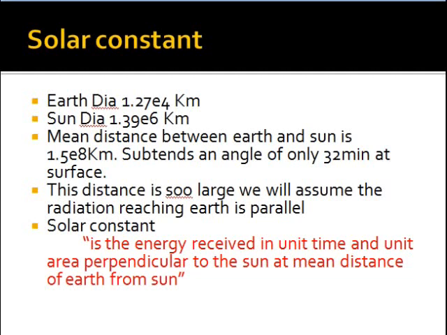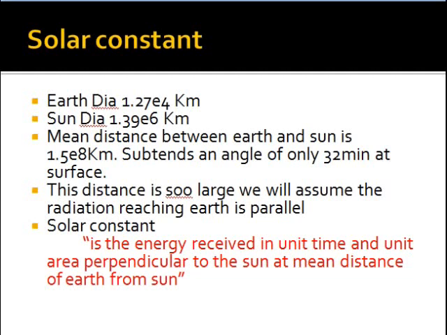If you don't define when that intensity is, referring to it as a solar constant doesn't make any sense, because it will lead to the wrong assumption. That's why we take a mean distance. At mean distance, this energy released from the sun, or in the other sense energy received by the earth in unit area, is called the solar constant.